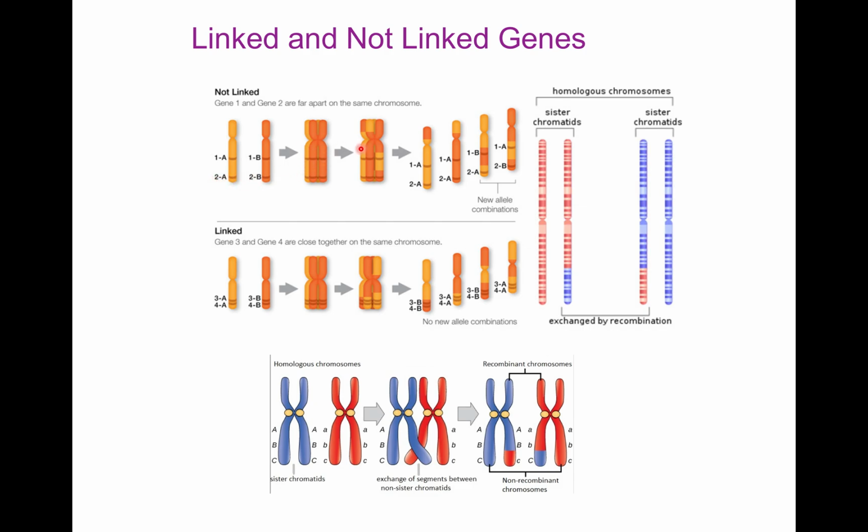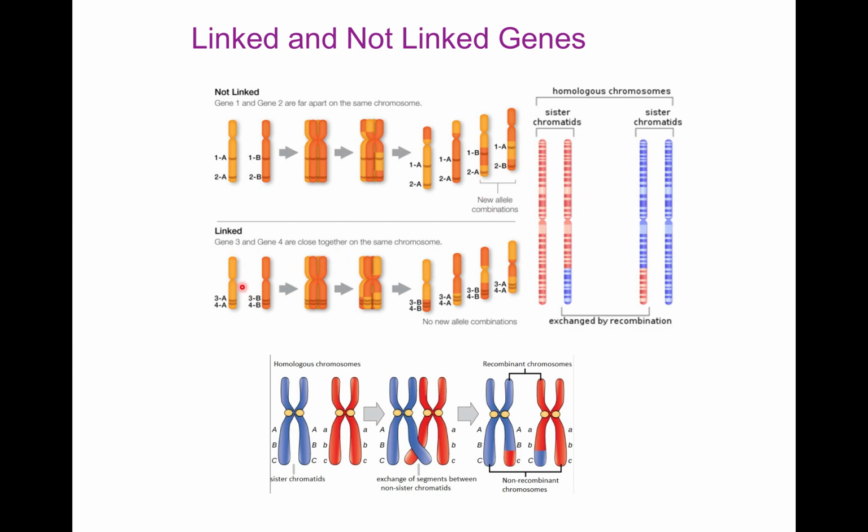Then crossing over takes place and these are the combinations. This is the original one, 1A and 2A, 1A and again 2A, 1B, 2A and 1A, 2B. These are the new allele combinations.